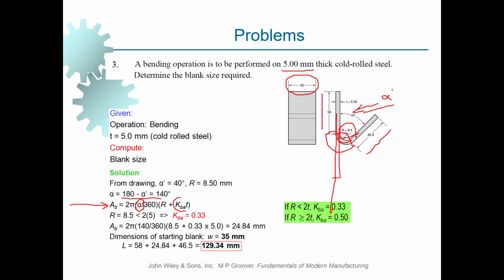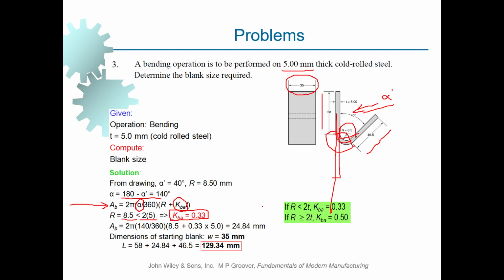The unknown parameter KBA, the bend angle constant or coefficient, depends on whether R is smaller than 2 times T or greater. Thickness is 5, 2 times T is 10. So R, which is 8.5, is clearly smaller than 2 times T. So on the basis of what we had on the equation sheet, the value of KBA is now known.